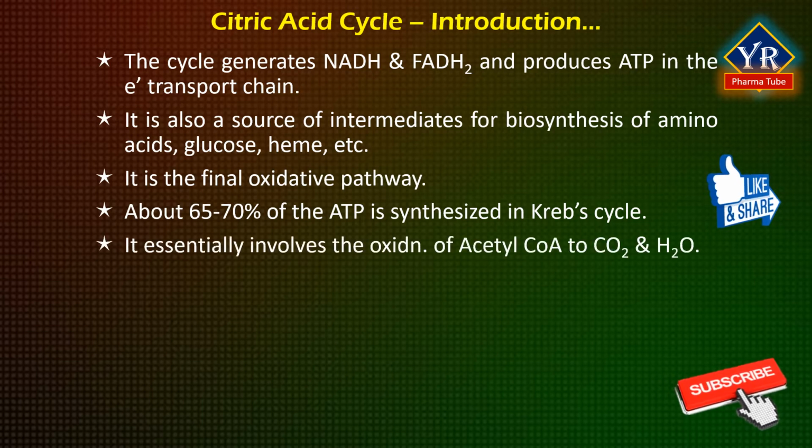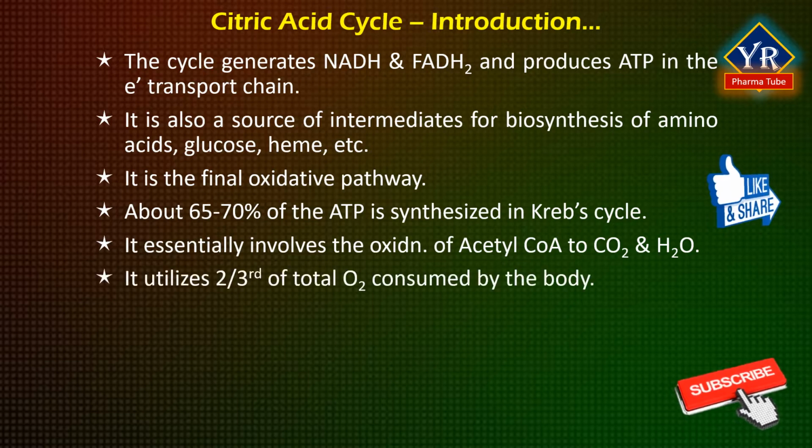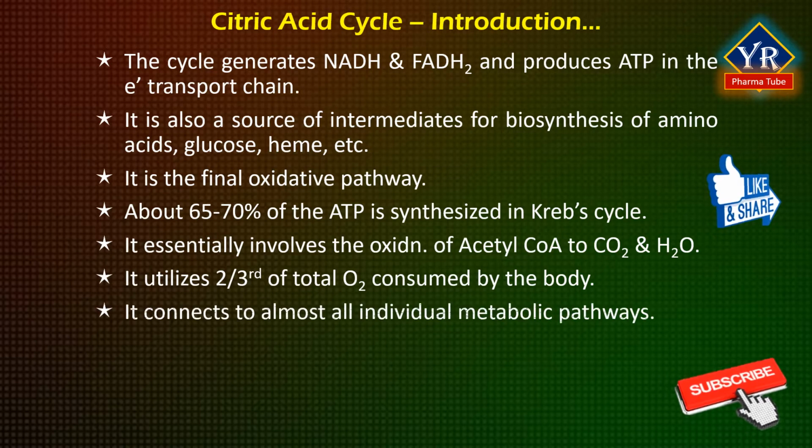The TCA cycle essentially involves the oxidation of Acyl CoA to carbon dioxide and water. This cycle utilizes about 2/3 of the total oxygen consumed by the body. It is the most important central pathway connecting almost all the individual metabolic pathways either directly or indirectly.